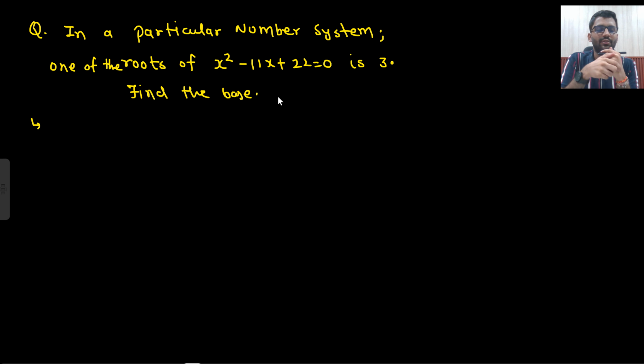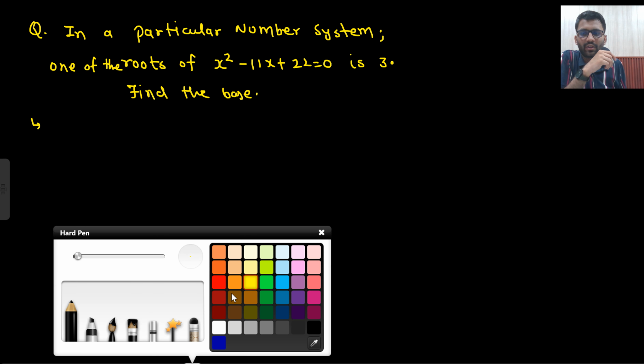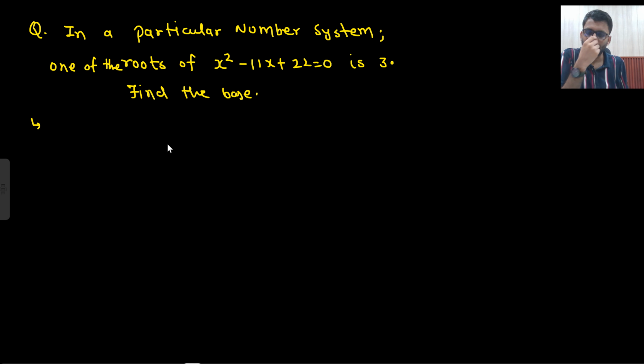Find the base. This is the question now. Only one root I have given, so now it would become more interesting. The root that I have is 3, but this root is 3 in base r, which is some other number system.